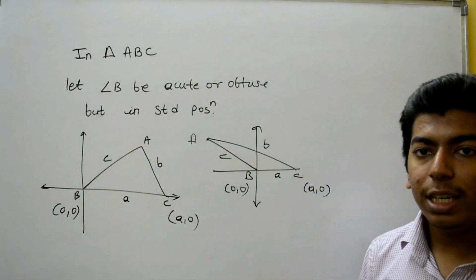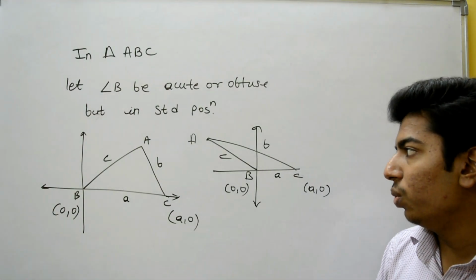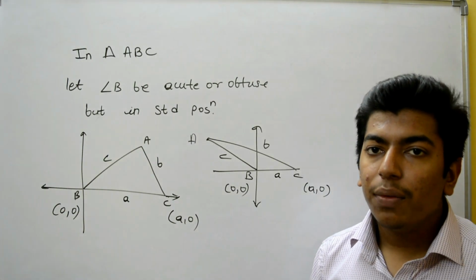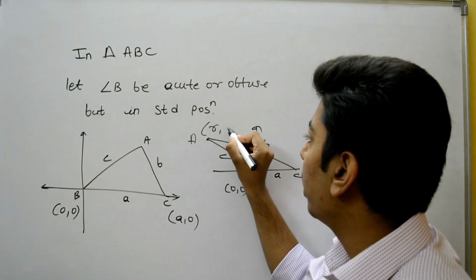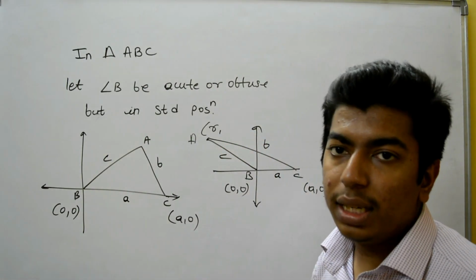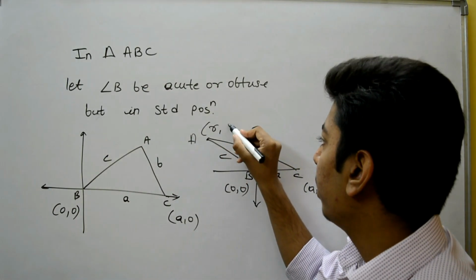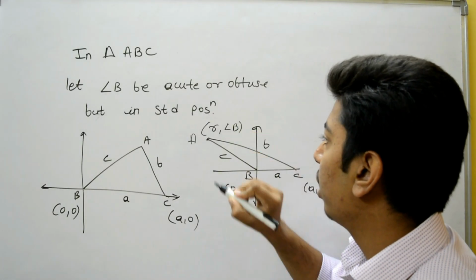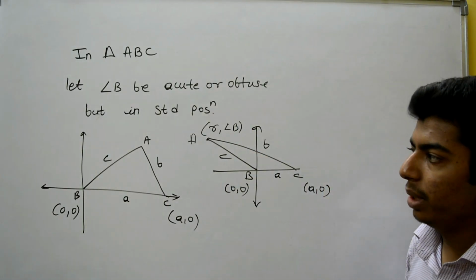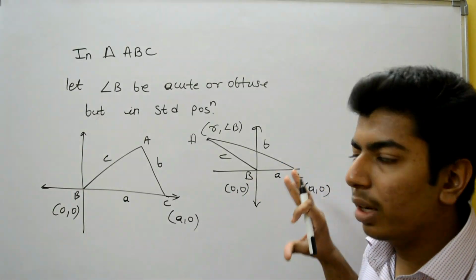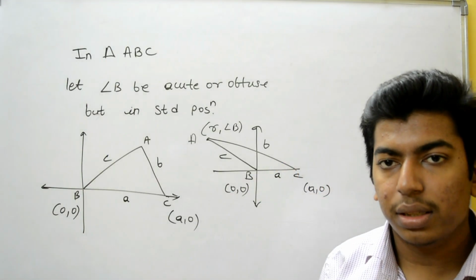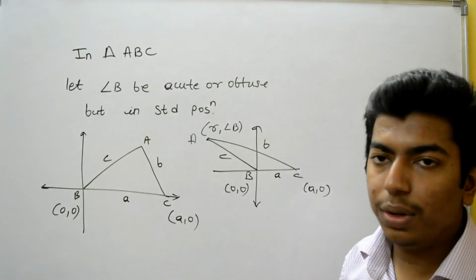By the polar coordinates rule, the point A will be r, theta, where theta is angle B. So first look up to here, then we will discuss in the further session.